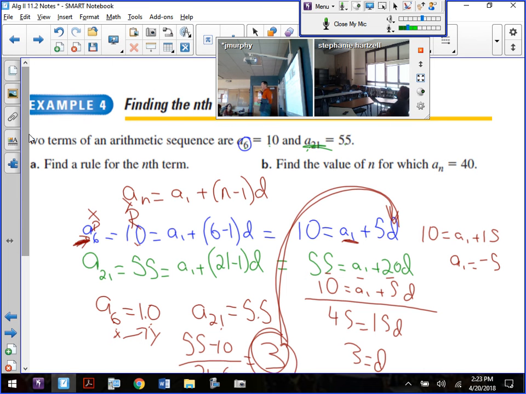Subtract 15 and I get -5. I'm solving for that first term. I'm using substitution to go back. If I did it the other one, I would do 55 equals first term plus 20 times 3. What's 20 times 3? 60. What's 55 subtract 60? And that's what I'm getting for the first term. Does that help?